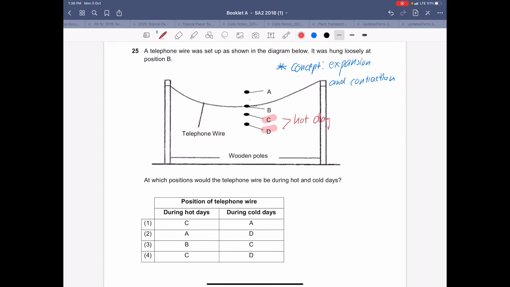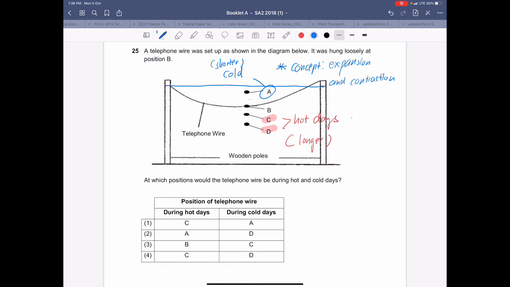Because the wire would expand and become longer. So they hang more slack, they hang lower. Now, on a cold day, it should be only position A because the wire gets shorter. Okay, so it becomes tighter. Your wire becomes tighter, literally like that.